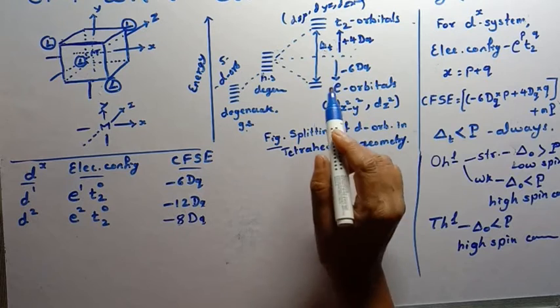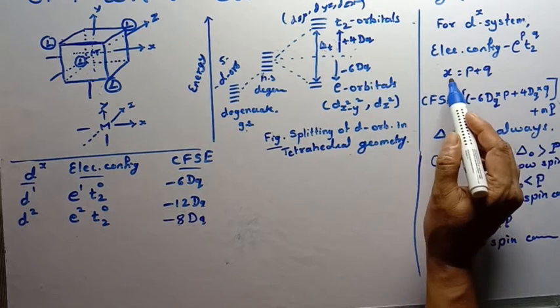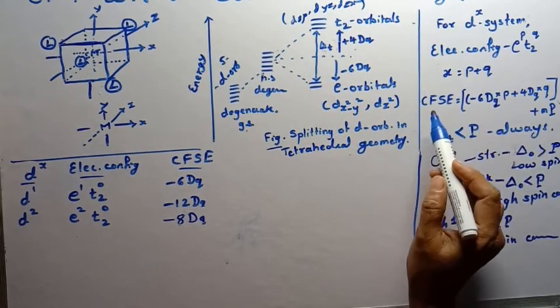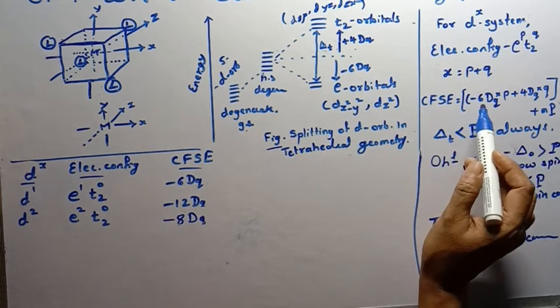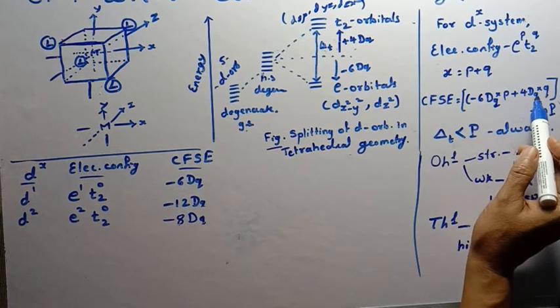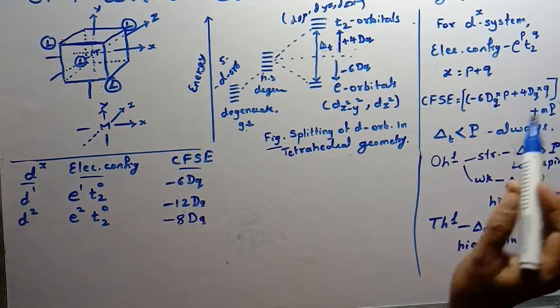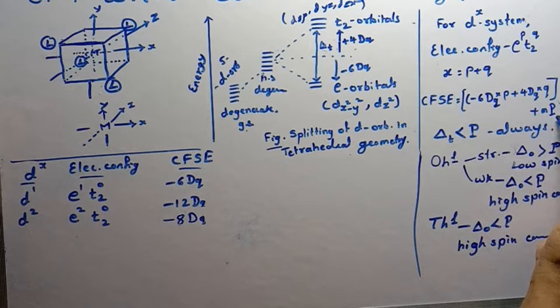Now x is equal to p plus q and CFSE is minus 6 Dq into p plus 4 Dq into q, plus m number of P.